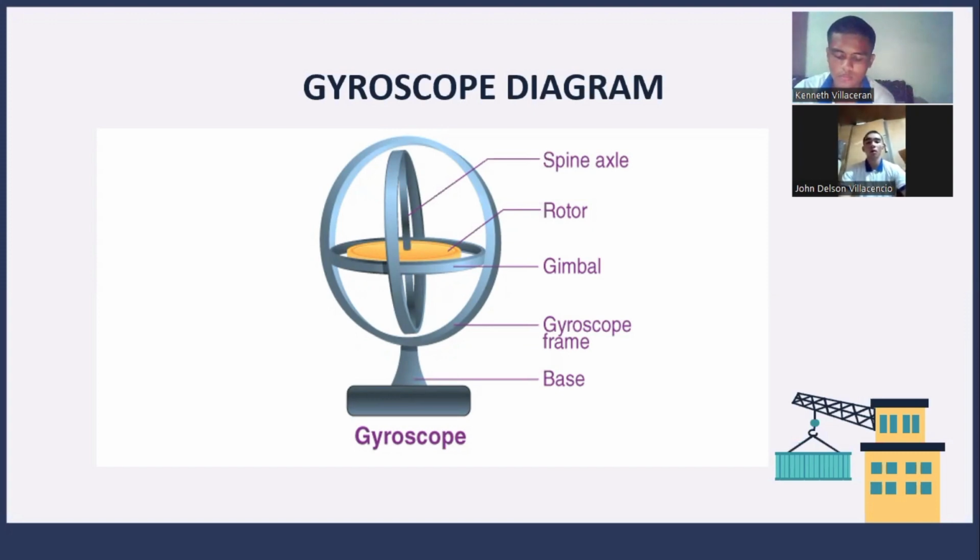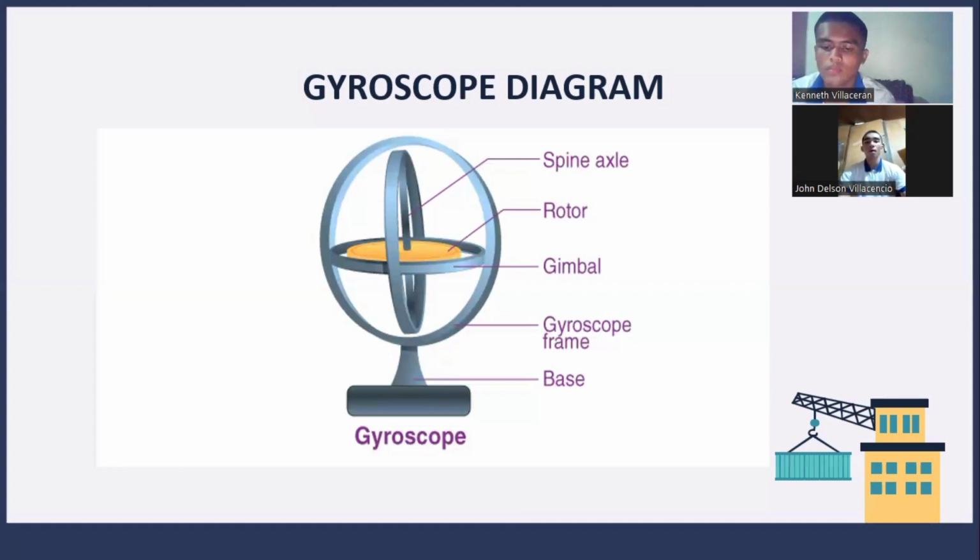Next, we have the rotor. This is the spinning mass at the center of the gyroscope. It's usually made of a heavy metal disc or sphere, and it's mounted on bearings so that it can spin freely. The faster the rotor spins, the more stable the gyroscope becomes.